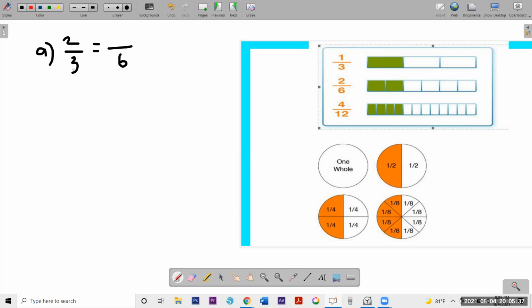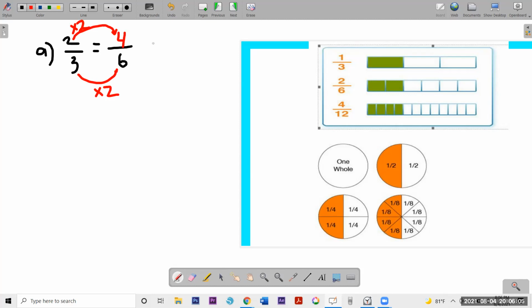Here, it moved from 3 to 6. How do you move from 3 to 6? You put your arrow. What did you do to get from 3 to 6? You multiply by 2. Whatever you do to the bottom, you must do to the top. Because what do we do in math? We always maintain balance. So what would be my equivalent fraction then? My equivalent fraction would be 4/6.